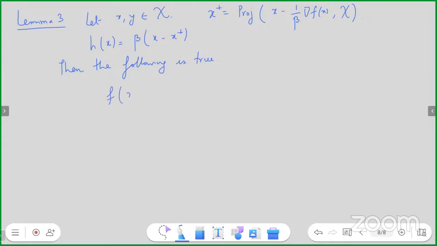f of x plus minus f of y is less than or equal to h of x transpose times x minus y, minus 1 by 2 beta norm of h of x squared.